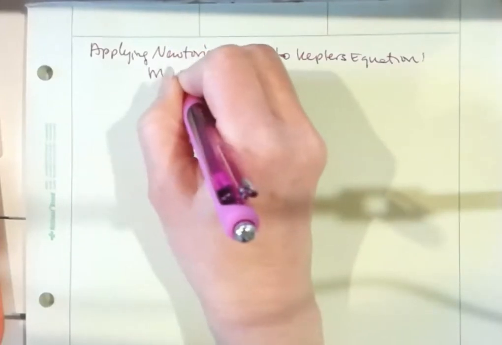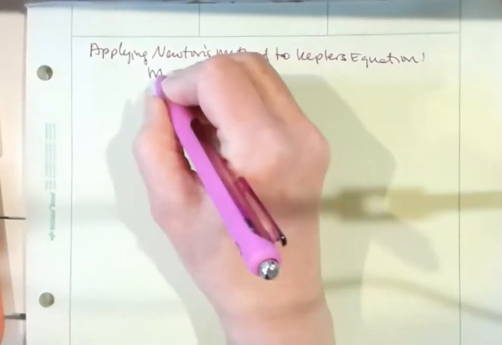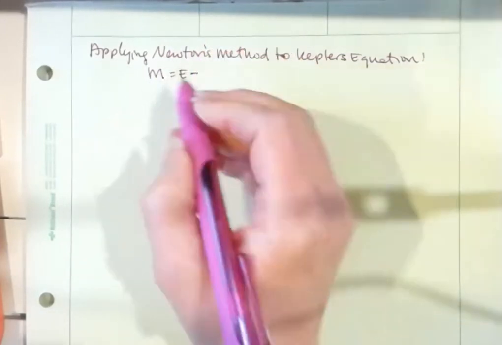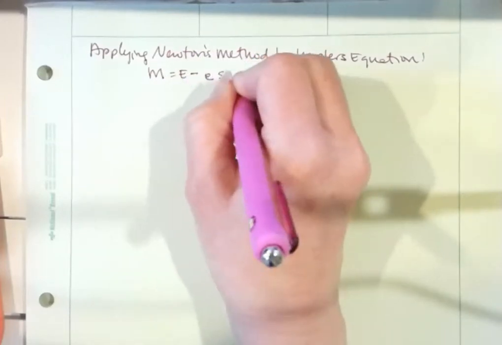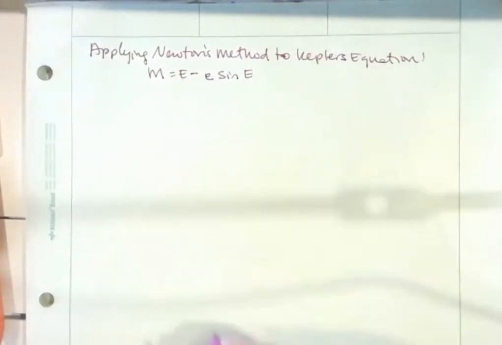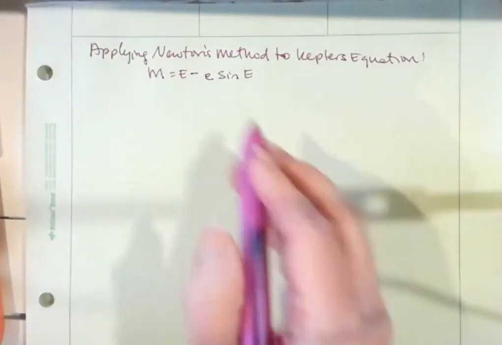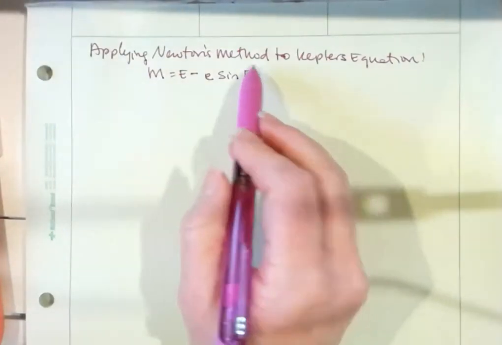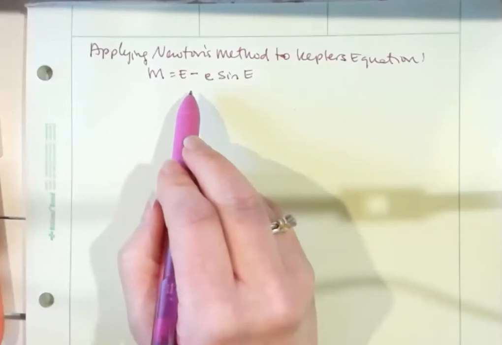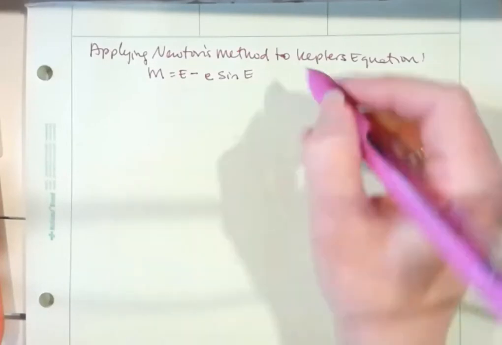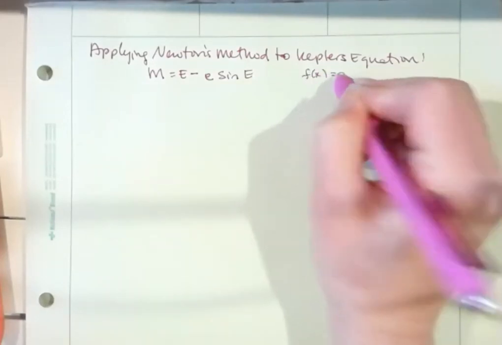All right, so here was our equation for the mean anomaly. Remember, mean anomaly is capital M. So capital M is equal to eccentric anomaly minus eccentricity times sine eccentric anomaly. And we want this to be our function that we're going to use in Newton's method. But remember, for Newton's method, you have to have f of x equal to 0.